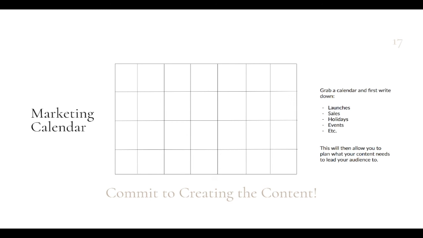The last thing and the most important part of a marketing plan is to commit to creating the content. I am guilty myself of putting it on the back burner, saying it'll get done later. But if you take one day a month, say Fridays for 4 hours, I'm going to spend checking off all of my checklists, creating all of my content, and getting it all scheduled so that for one whole month, I don't have to worry if something's going to be posted on social media.